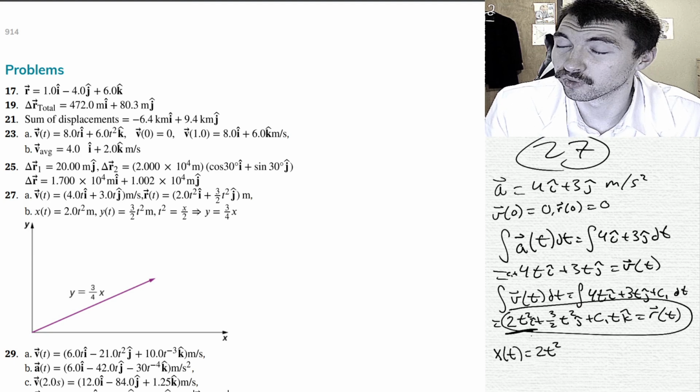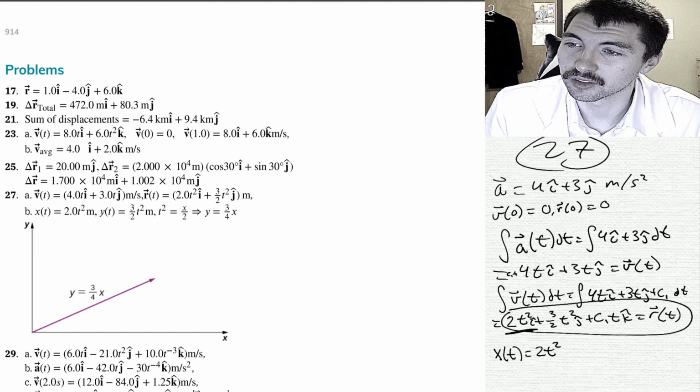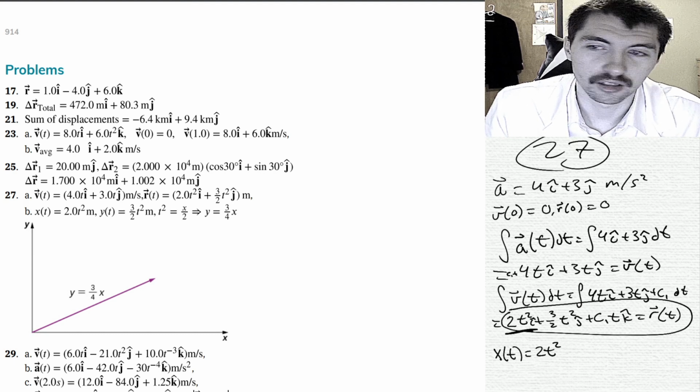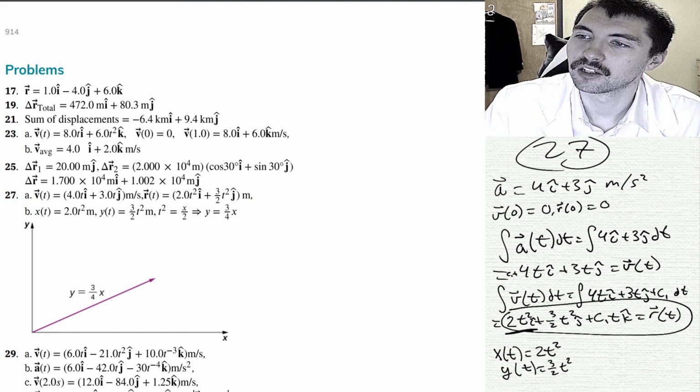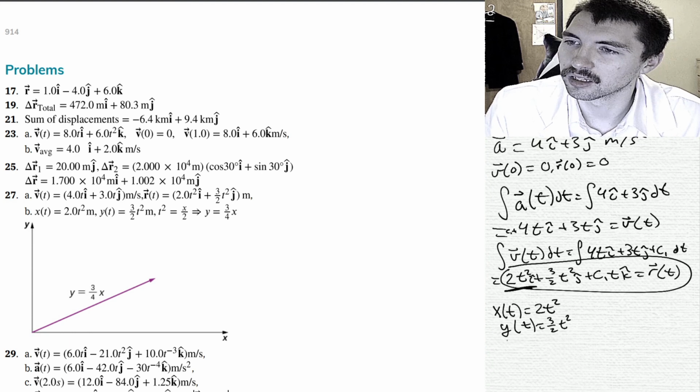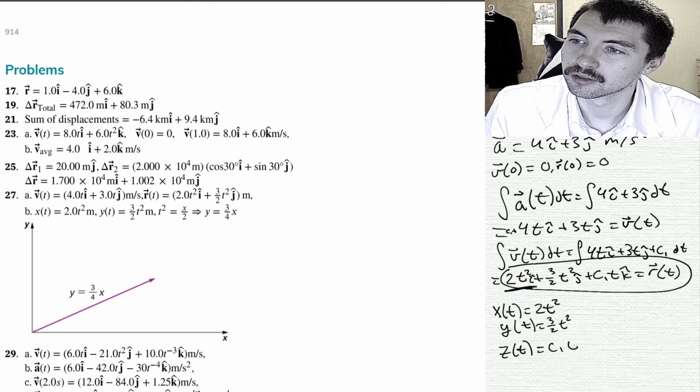I haven't done this before. That's kind of cool, kind of extracting it out. And then y of t is 3/2 t squared. And I will go ahead and write the z of t. I don't know if this is 100% correct, but we'll say c1 times t.